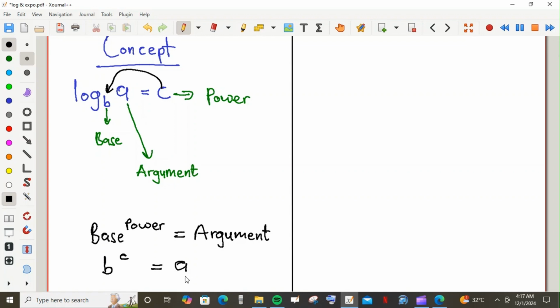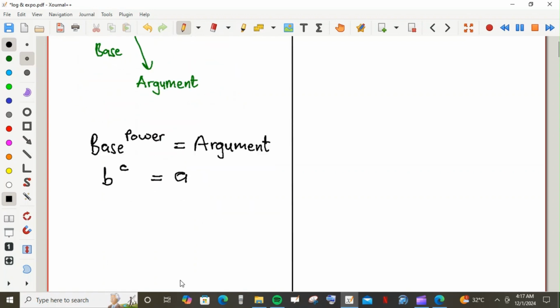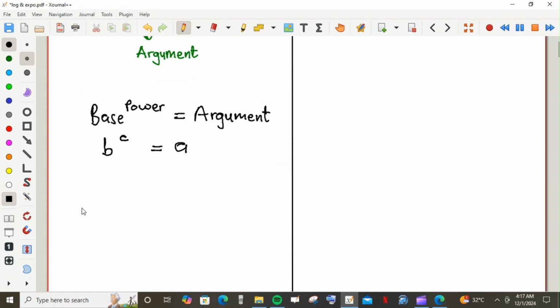Is that not simple? So if I have log m to the base b, I'm reading it log m to the base b, or this one could be read as log to the base b of m.